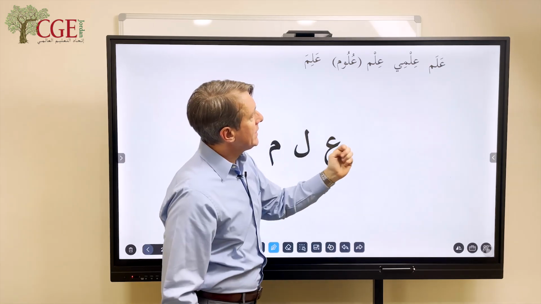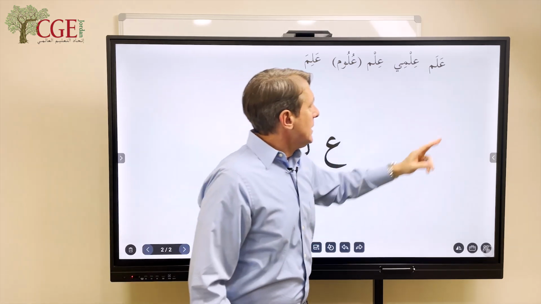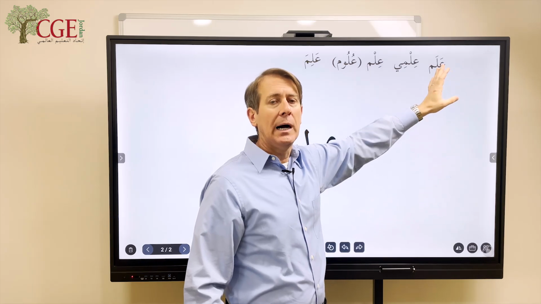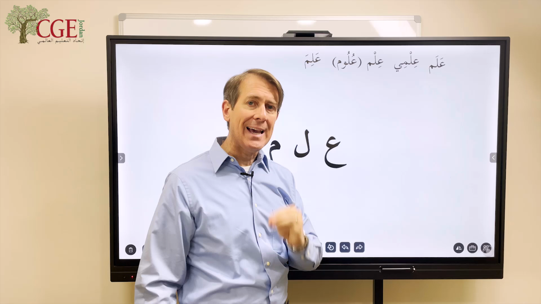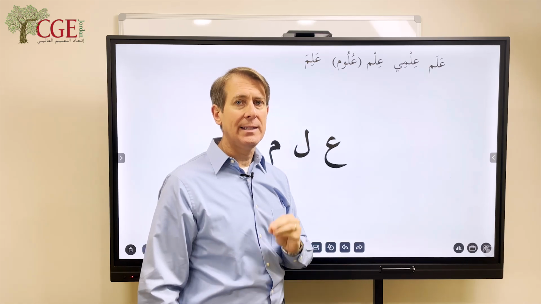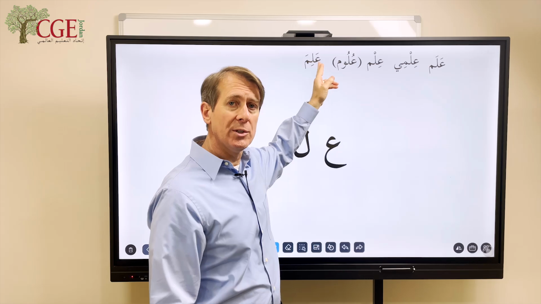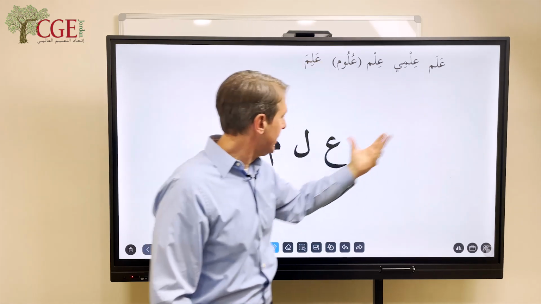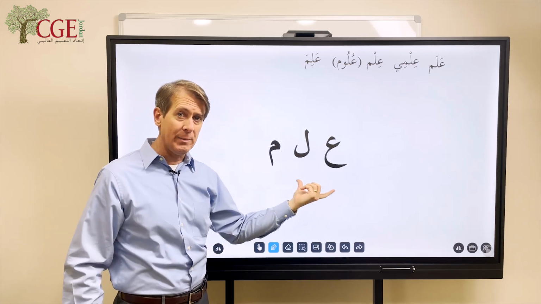Next word, and this has kind of stumped some people. This word here, alam, is a noun. Alam actually comes from a second tendency of meaning, okay? The first tendency of meaning was knowledge, remember? Quite a few roots will have a second tendency of meaning.